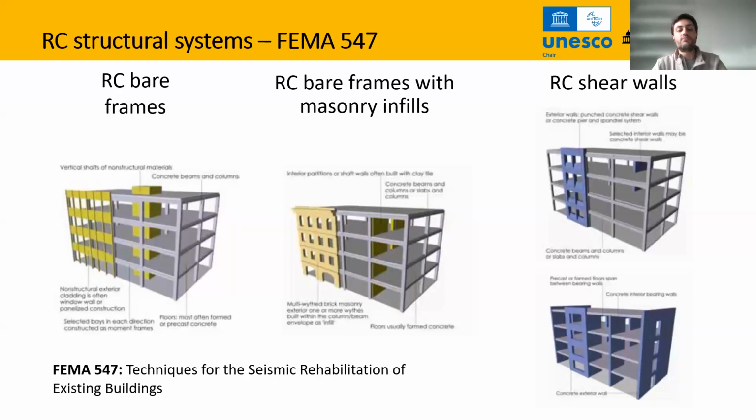So they will include some additional stiffness to the structure at the beginning, but then they can affect the building in other ways. It can generate some soft story mechanisms or some short column mechanism, as we're going to see in a few slides. In these cases, it's very important to understand that the behavior of the building will be impacted.